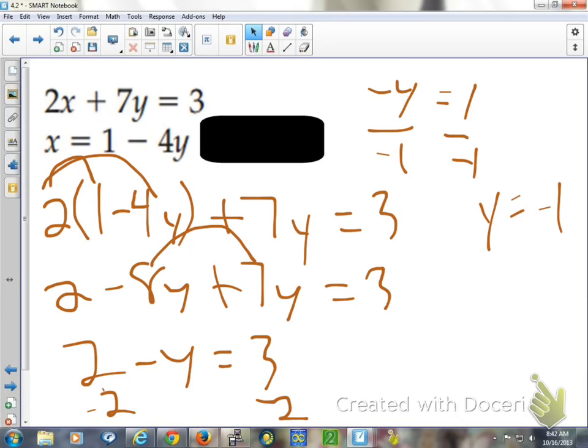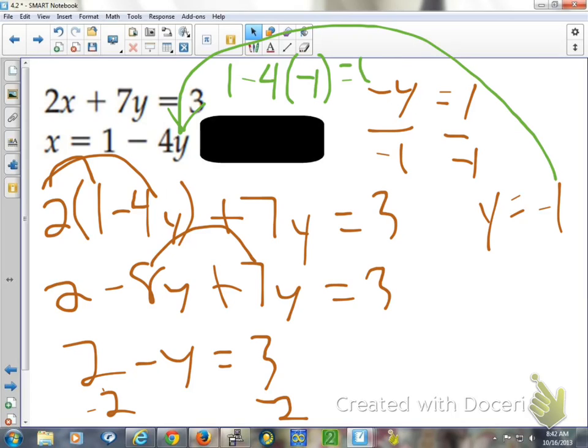So if y equals negative 1, I'm going to plug that in right here, because x is already solved for in that second equation. You could really plug it into either one. It doesn't matter, but if you've already got the other letter solved for, you might as well plug it in there. So that'll be 1 minus 4 times negative 1 equals x. I just plugged negative 1 in for this y.